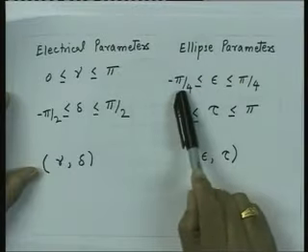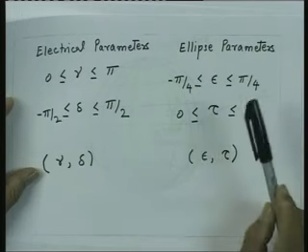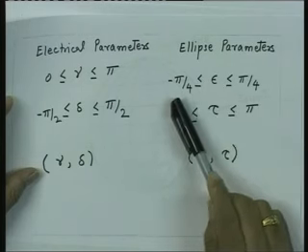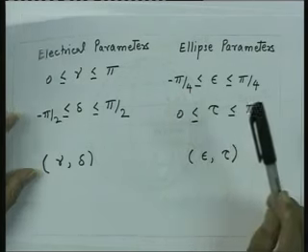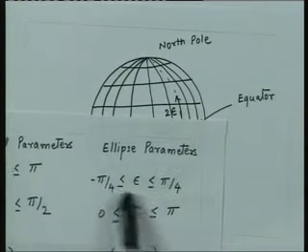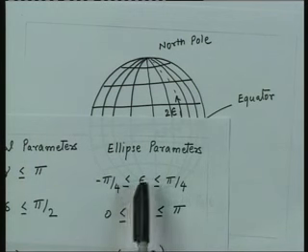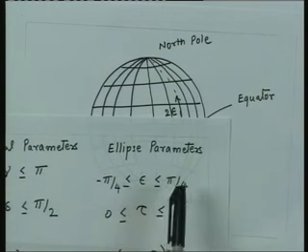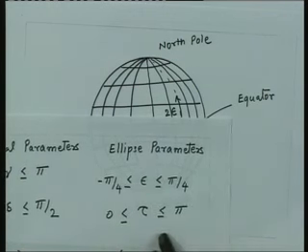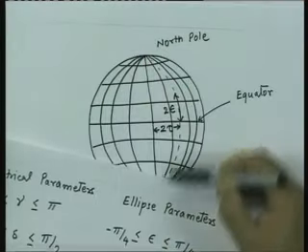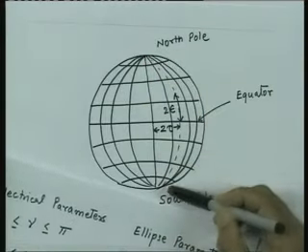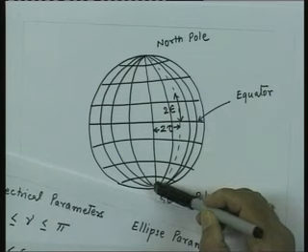Now, since the range of the parameter epsilon is from minus pi by 4 to plus pi by 4, the 2 epsilon will range from minus pi by 2 to plus pi by 2. That means all possible values of epsilon, that means all possible values of axial ratio with the sense of rotation taken into account, will lie on all these latitude points, which will go from minus pi by 2 to plus pi by 2.